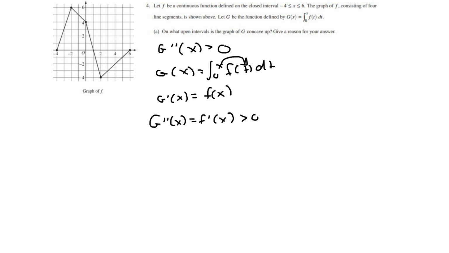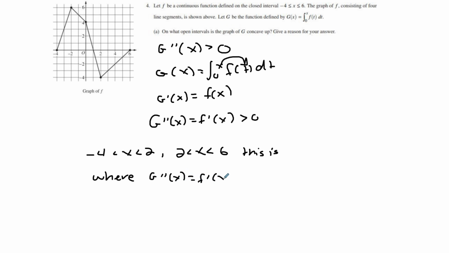Now, what would we do? Well, after that, we can just find, okay, well, the intervals look like they're -4 to -2. So -4 < x < -2, and then 2 < x < 6. This is where g double prime of x equals f prime of x is greater than 0.